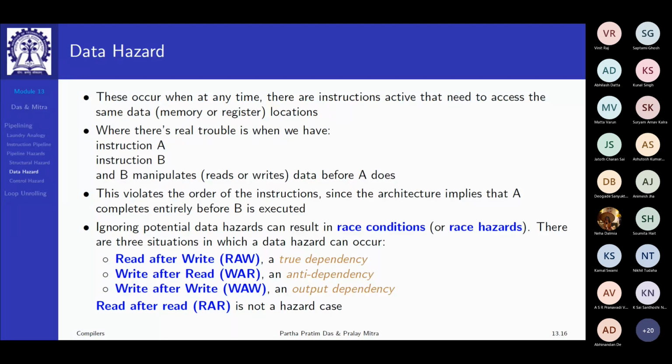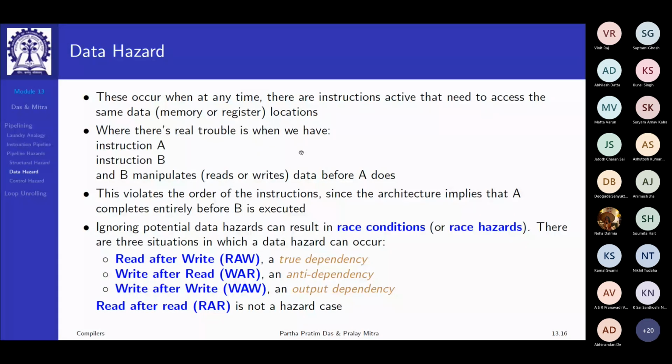This is called anti-dependence. And there could be output dependency. That is, A is writing, B is also writing. Both of them are writing to the same location. According to the sequential logic, the value written by B should be the final. But if B writes before A, then A will overwrite that value. Naturally, the fourth combination, read after read, since both of them are reads, is not a hazard.